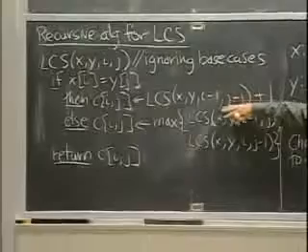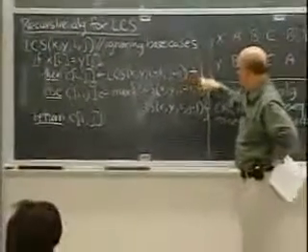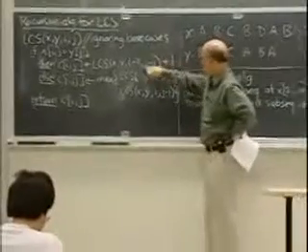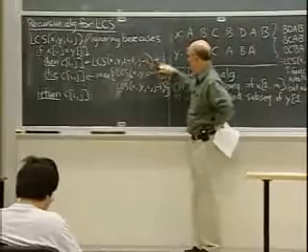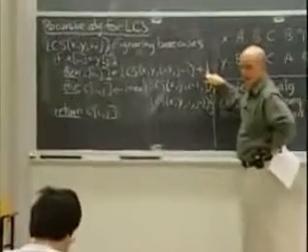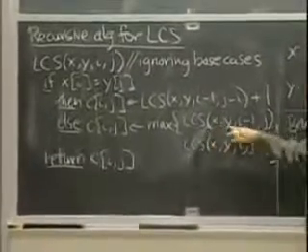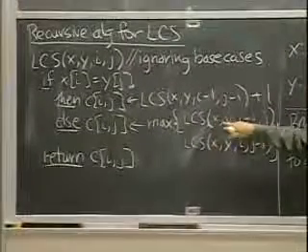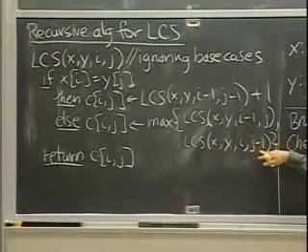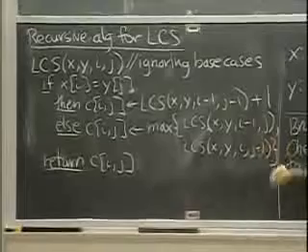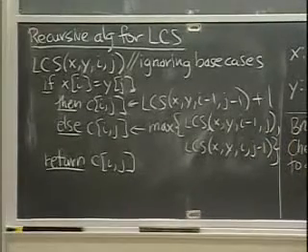So if they match, it's the longest common subsequence of the prefix where you drop that character from both strings and add 1, because that's the matching one. Or you drop a character from X, and it's the longest common subsequence of that. Or you drop a character from Y, whichever one of those is longer. That ends up being the longest common subsequence.